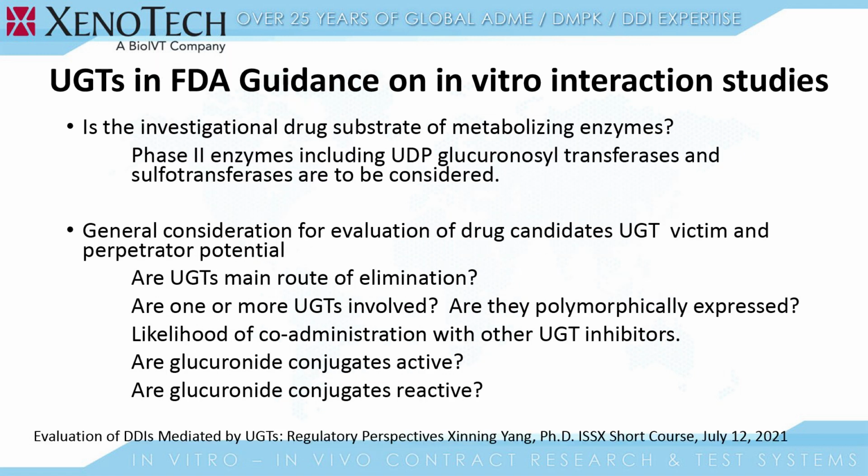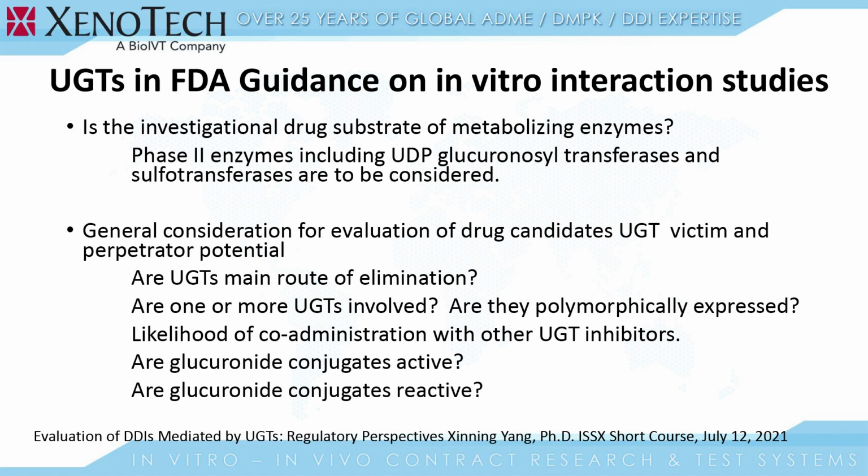So in July of 2021, the FDA position on UGTs and drug interaction studies was presented at ISSX in a short course, and that's referenced here on this slide. So in the current guidance, there was little mentioning of the UGTs.